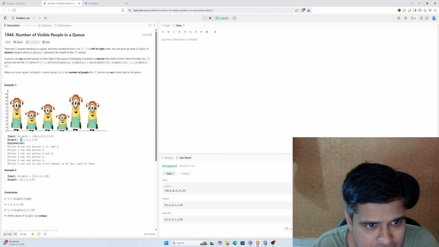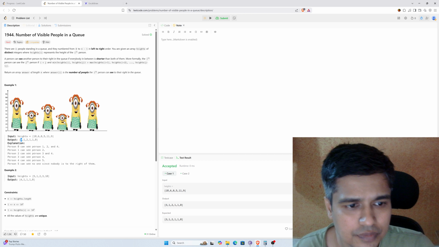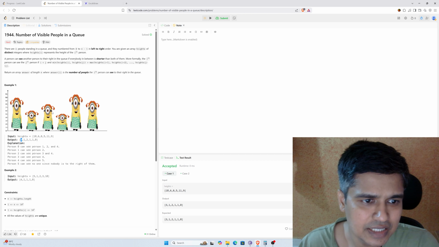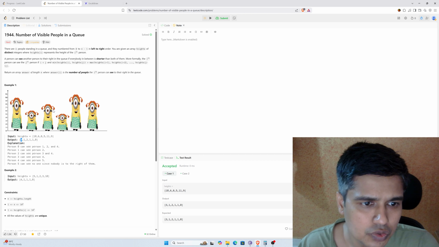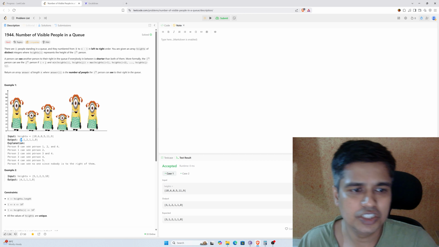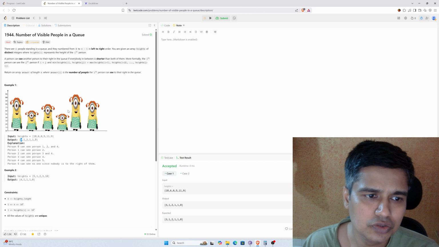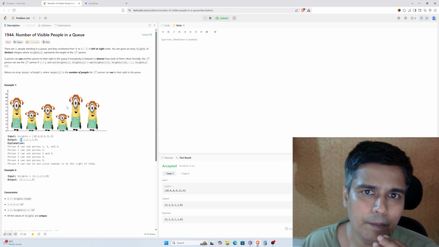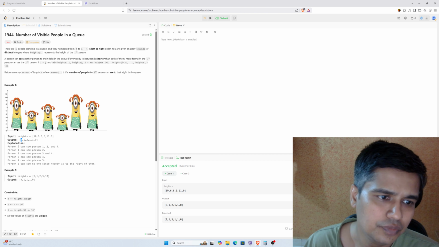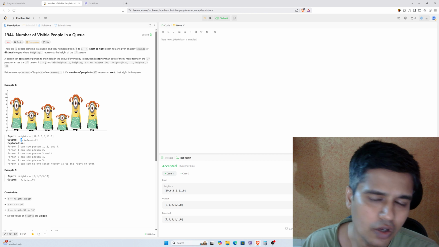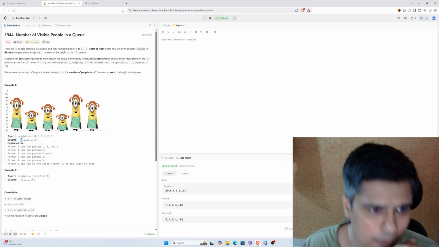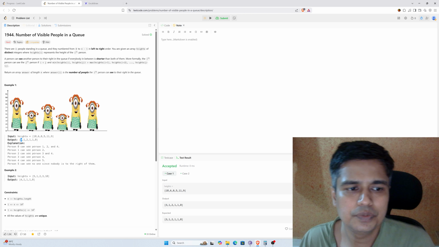In this case, the person to the right of this minion is very short, so his eyesight will continue. If this guy is short, then it will continue. The common intuition is that the eyesight stops when you get a person who is taller than you. Over here the person is taller than this minion, so the eyesight stopped. This is how we're going to process.